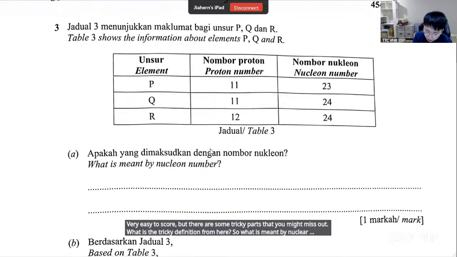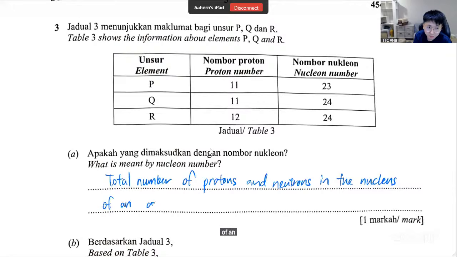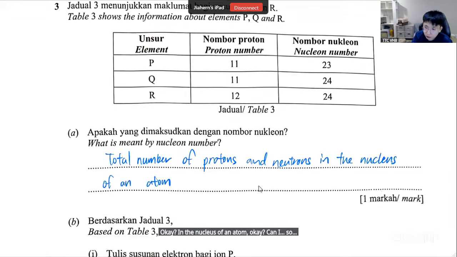You can say it is the total number of protons and neutrons. But if you stop here, no mark. You must say in the nucleus of an atom. Okay, in the nucleus of an atom. So this one must go like this. I must say in the nucleus of an atom.